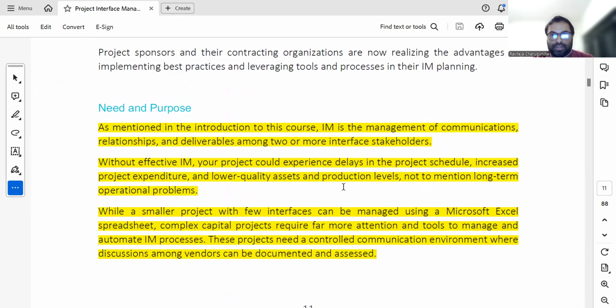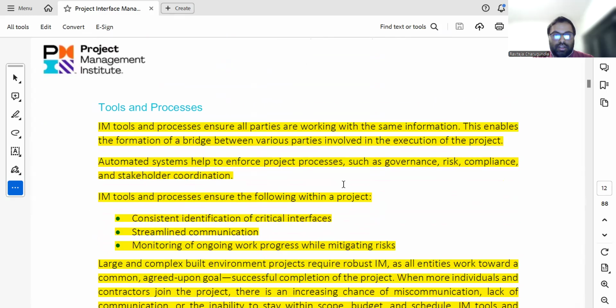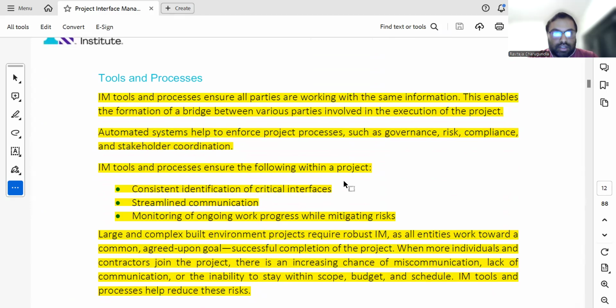When the project scope is very small, you can use tools like Microsoft Excel and spreadsheets. When the project is a little more complex, we have to implement certain tools in order to improve interface management. The tools and processes enable consistent identification of critical interfaces, streamline communication, and monitor ongoing work progress while mitigating risk.